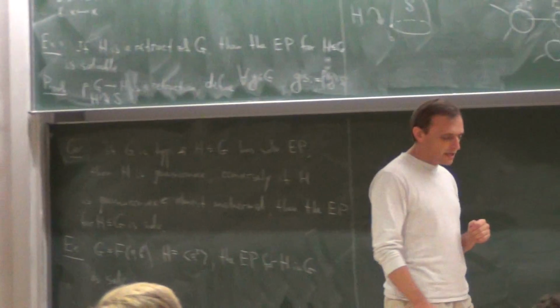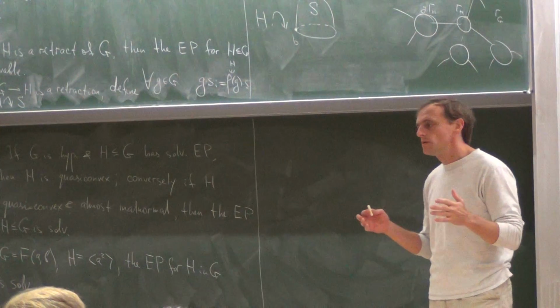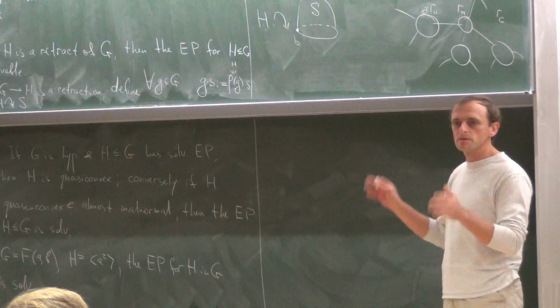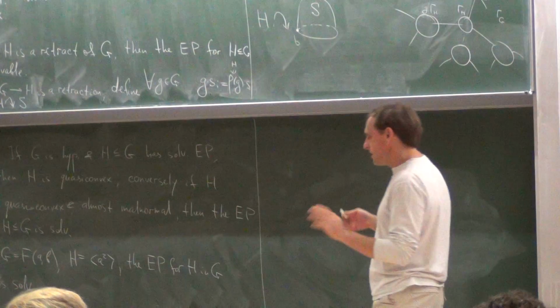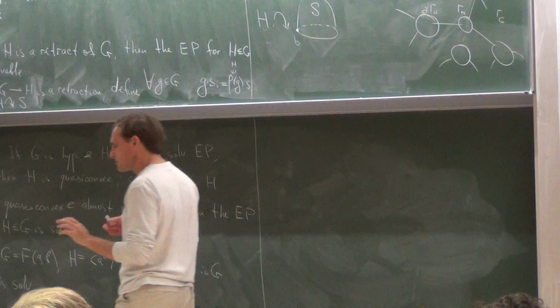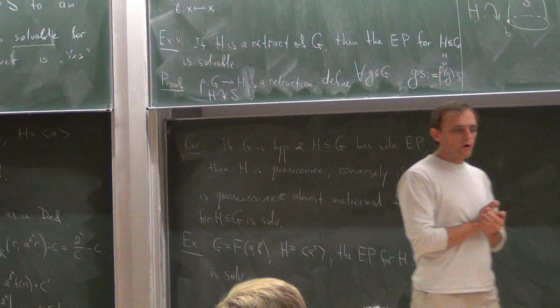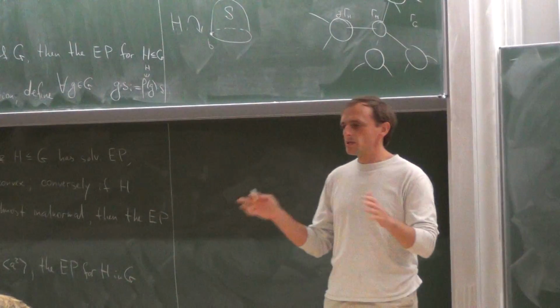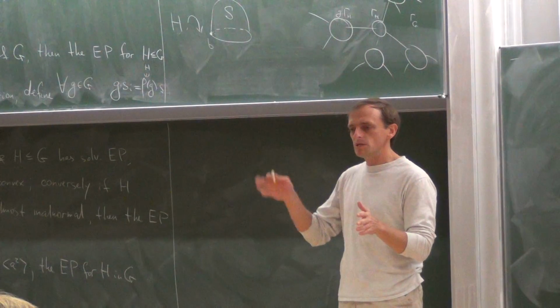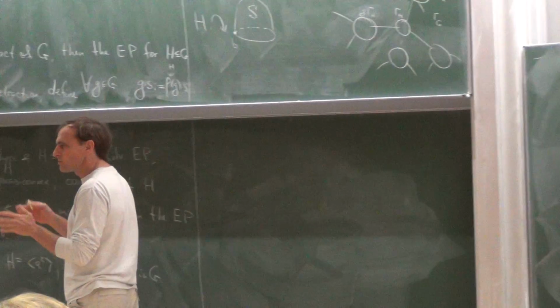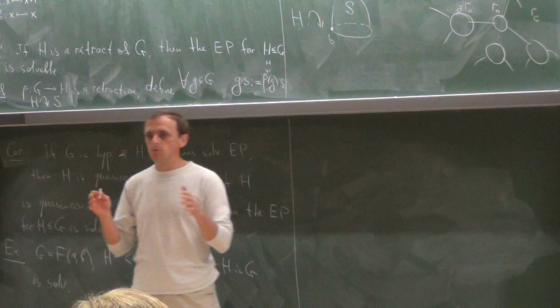So we want to study, for every group, the several acylindrical actions on hyperbolic spaces, up to some measure of equivalence. Moreover, it turns out that you can compare these actions. You can say what it means that one action is bigger than the other, and you compare them according to the amount of information these actions give you about the group.